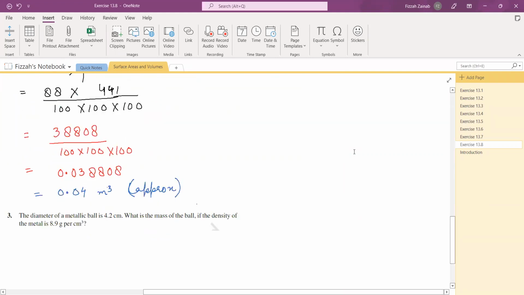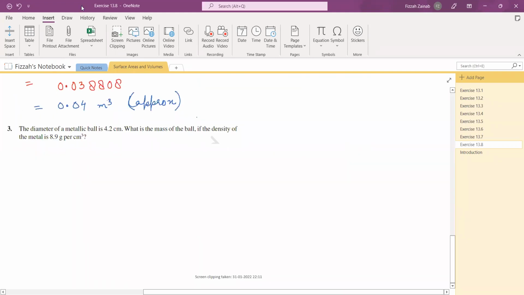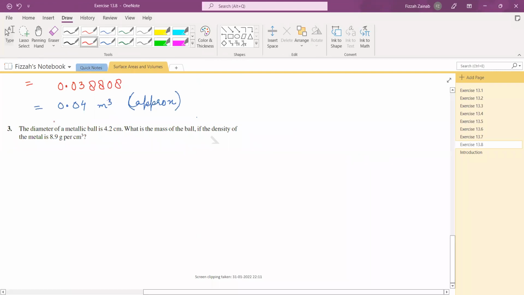Yes, ma'am. Okay. Third one. Now the diameter of a metallic ball is 4.2. What is the mass of the ball if the density of the metal is this? Now the diameter is given, which is 4.2 centimeter. So how much is the radius? By 2 centimeter, which is 2.1 centimeter.